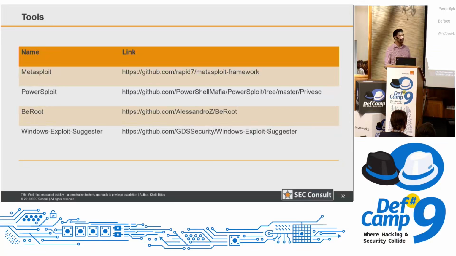And you have the Windows Exploit Suggester: you first dump the last applied patches on the system, and then use the Windows Exploit Suggester to find out whether the latest patches have been applied or whether there are patches missing on the target system.